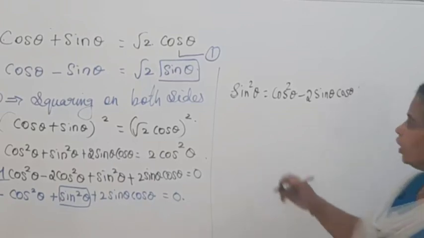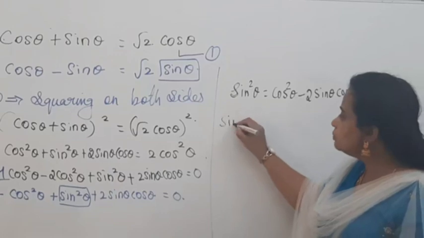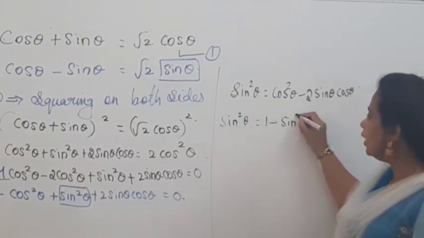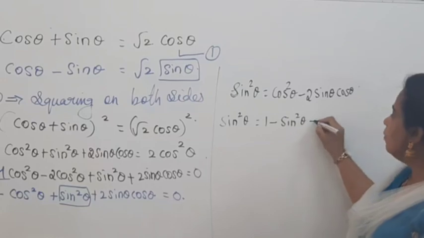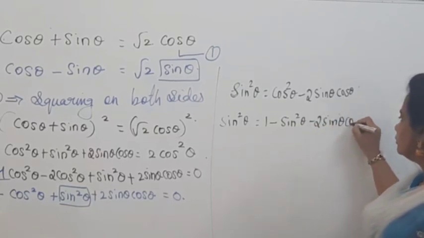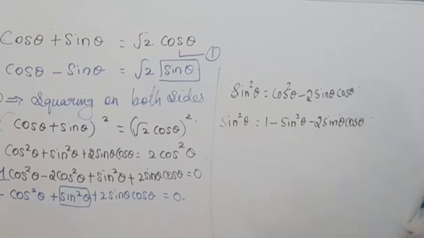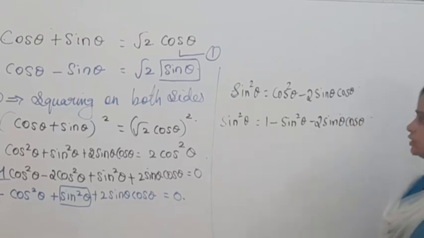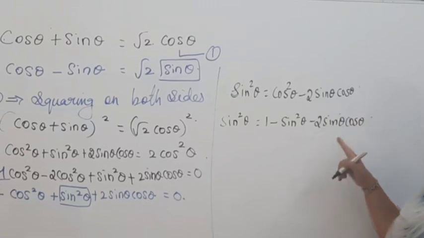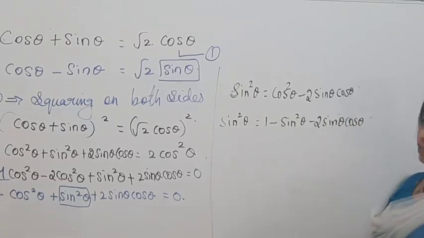Hope you get this point, that is sin square theta is equal to cos square theta minus 2 sin theta cos theta. Now I am going to substitute cos square theta is equal to 1 minus sin square theta, minus 2 sin theta cos theta. Hope you understand this one, that is 1 minus sin square theta minus 2 sin theta cos theta.